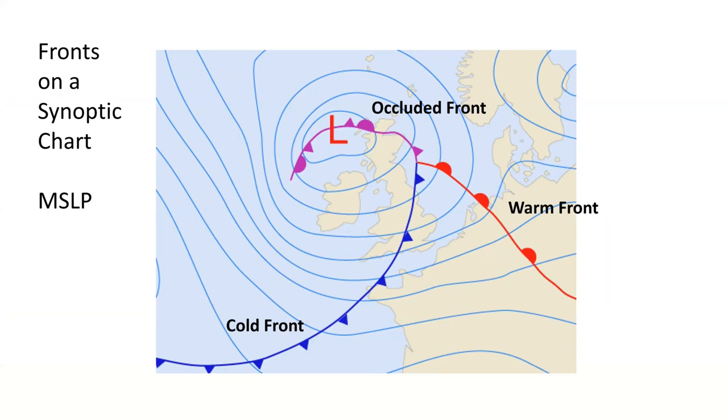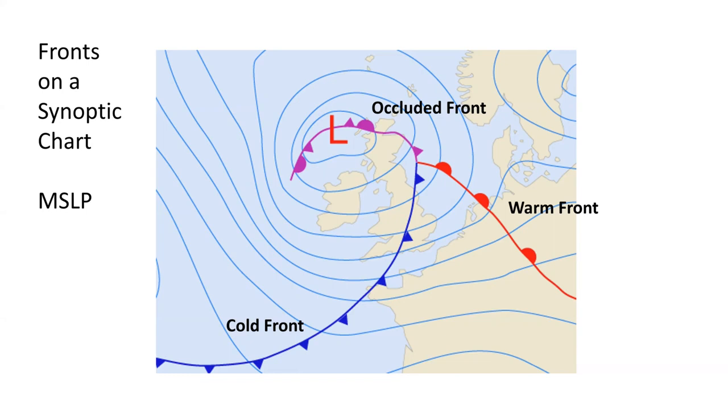You can see it in the pressure lines around here. There's a little veering in the wind after the passage of the warm front. And after the passage of the cold front, again, you get a characteristic veering of the wind direction. Veering as in going around the compass clockwise, as opposed to backing, anti-clockwise.